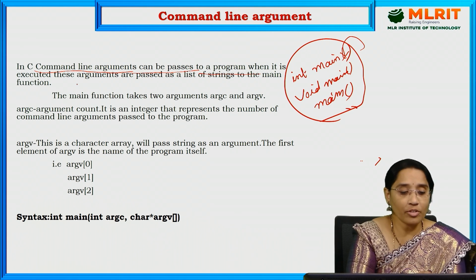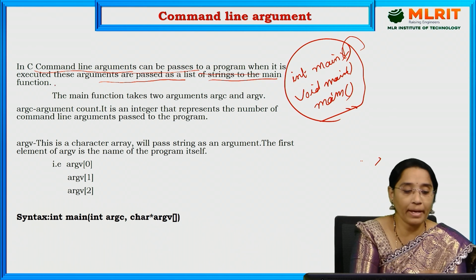When it is executed, these arguments are passed as a list of strings to the main function. The main function takes two arguments.